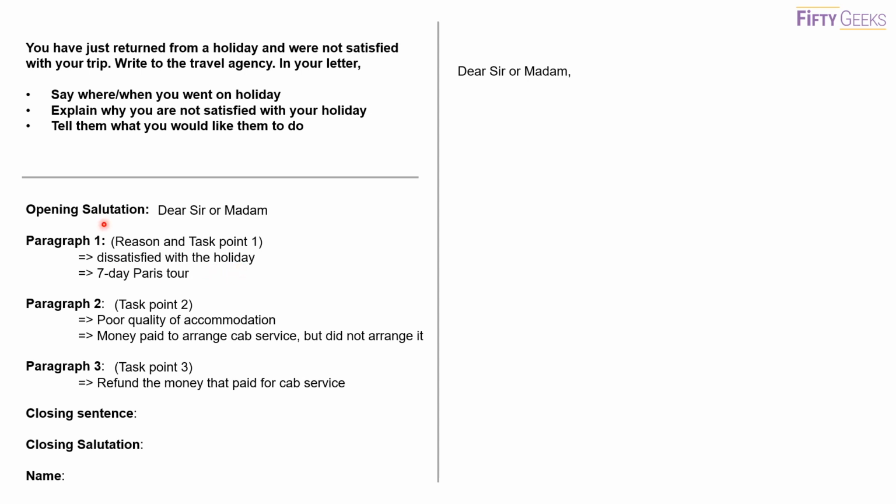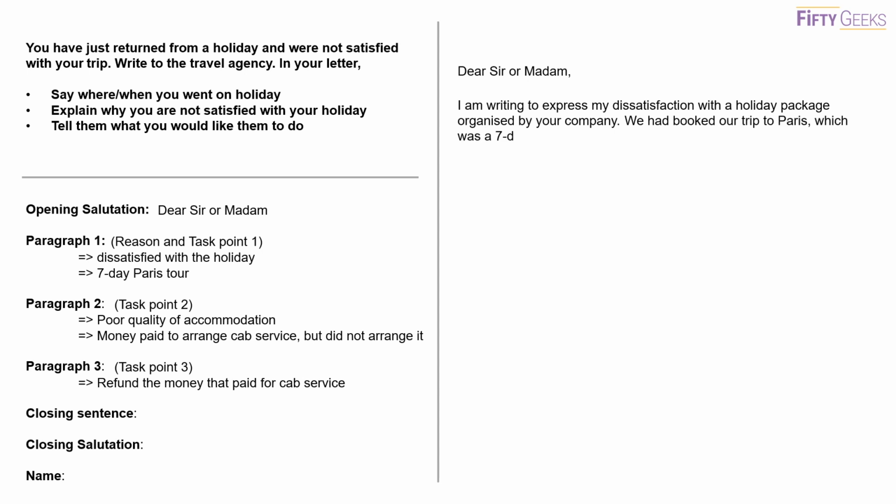I will write it as: I am writing to express my dissatisfaction with a holiday package organized by your company. Then I will explain the first task point about when and where we went on a holiday. Considering my draft point, I will write it as: we had booked our trip to Paris, which was a 7-day tour that began on the 25th of last month.